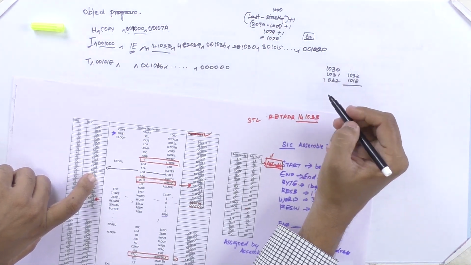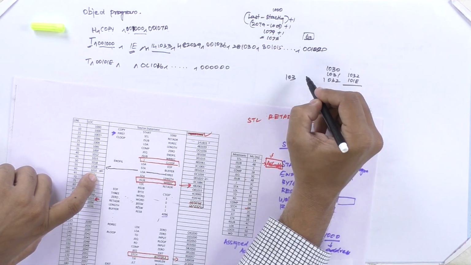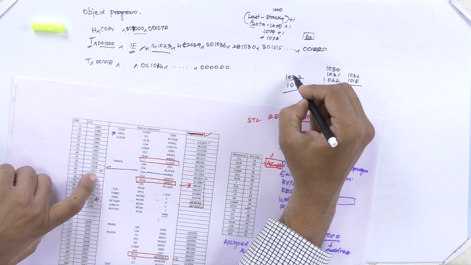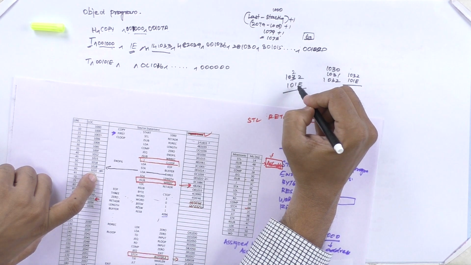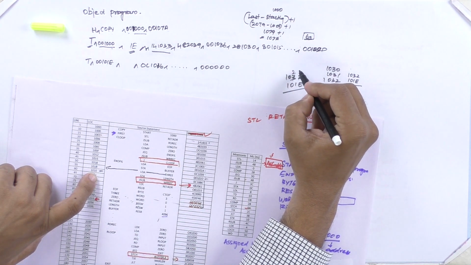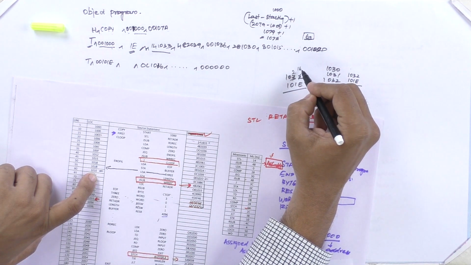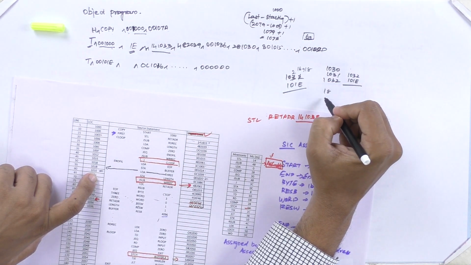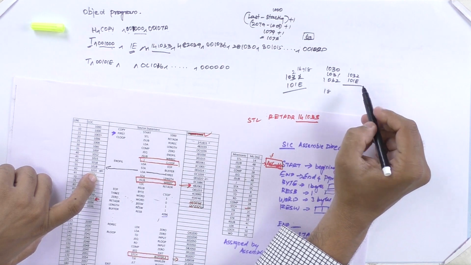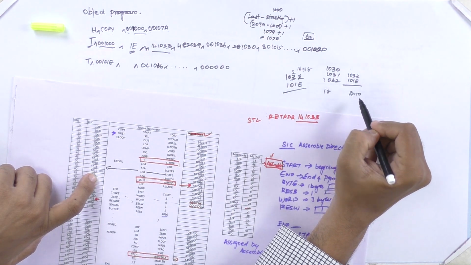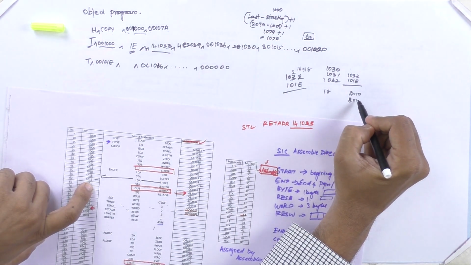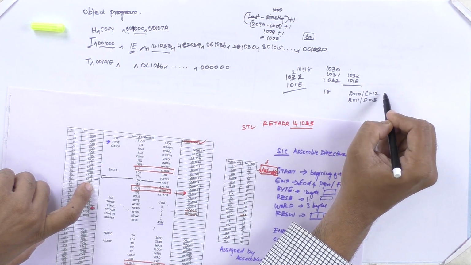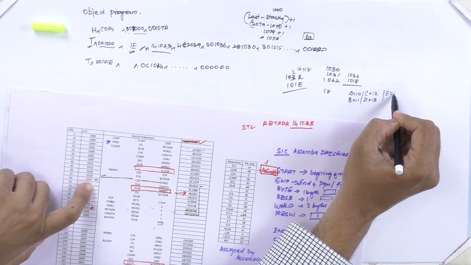So for subtracting 101E from 1032, it will be done like this, that is 2. And since it is hexadecimal, the carry will be 16 plus 2, 18. 18 minus E. So A is 10, B will be 11, C will be 12, D will be 13, and E will be 14.